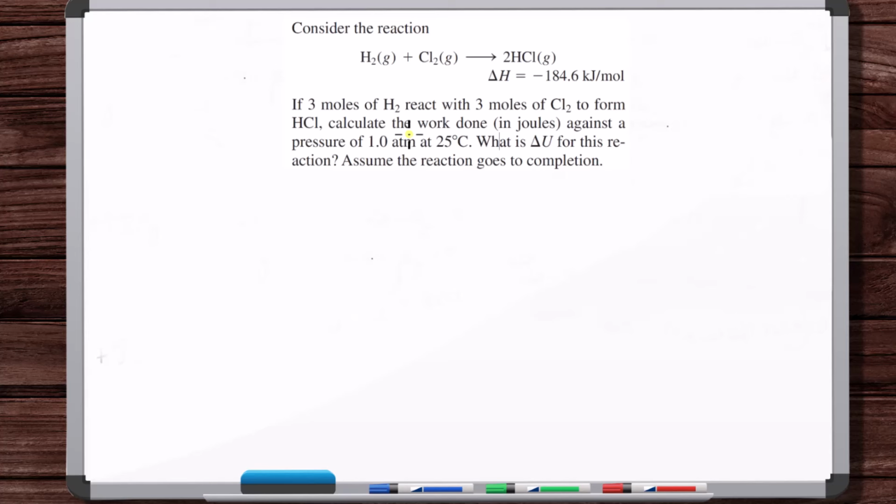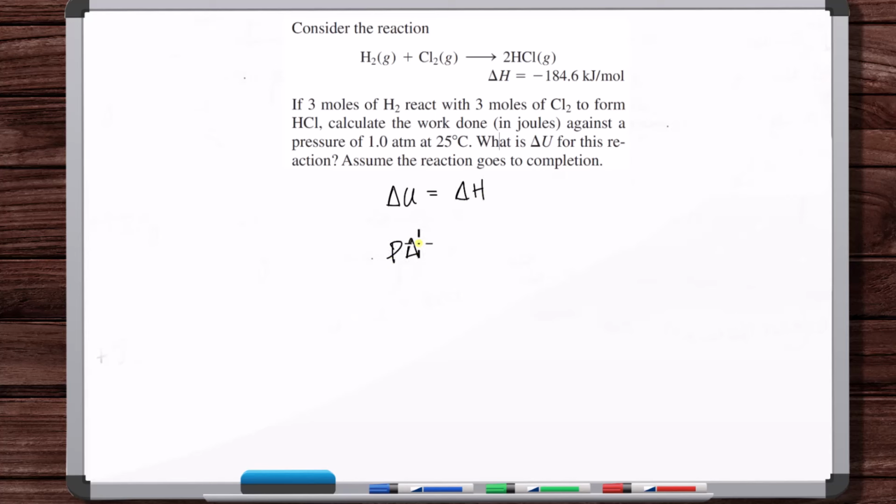We know that if we have 2 ideal gases at the same pressure and temperature, then their volumes are proportional to the number of moles of gas. Well, the number of moles of gas is the same, 2 moles here, 2 moles here. So the delta V is going to be 0. That means that delta U is equal to delta H.